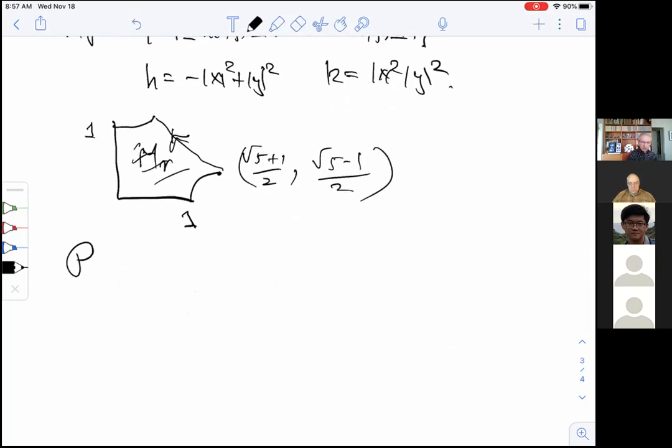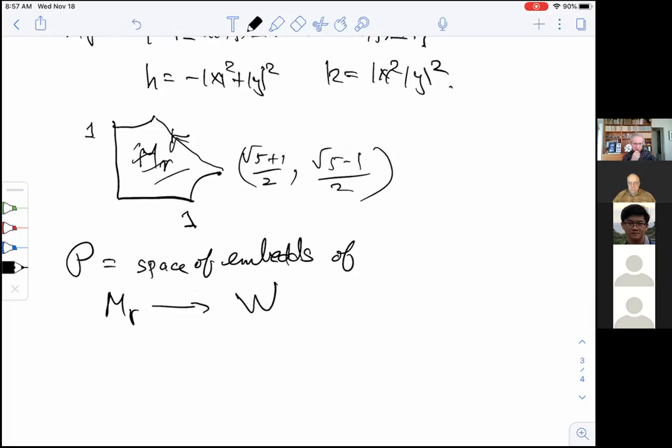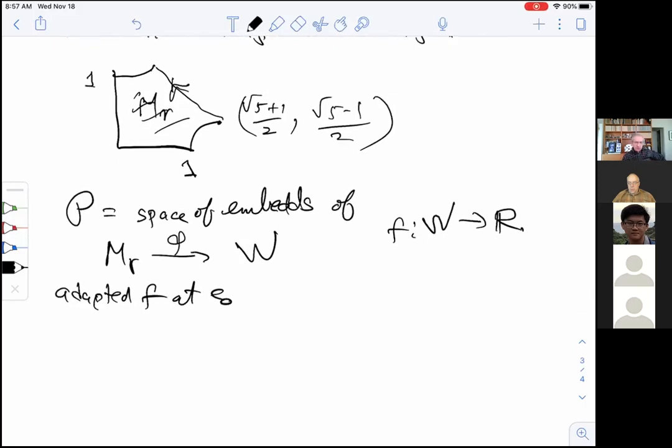So P is the space of embeddings of MR into W adapted to our function F. So F is given. It's a given Morse function. Well, it doesn't have to be a Morse function. Adapted to F at a critical point C0, which means we actually have a diagram.